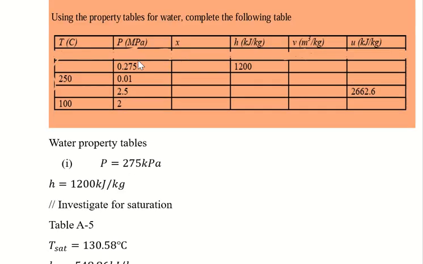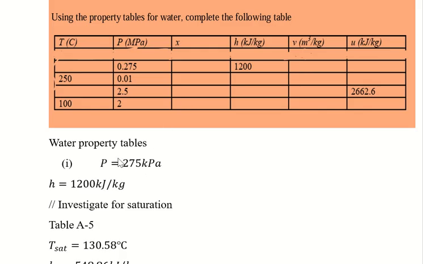So part one, they've given us a pressure of 0.275 megapascals. Once you convert it to kilopascals, it's 275 kilopascals. Why do we convert it to kilopascals? Because the property tables are mostly in kilopascals, except for our superheated and compressed liquids, where you have to keep it in megapascals.